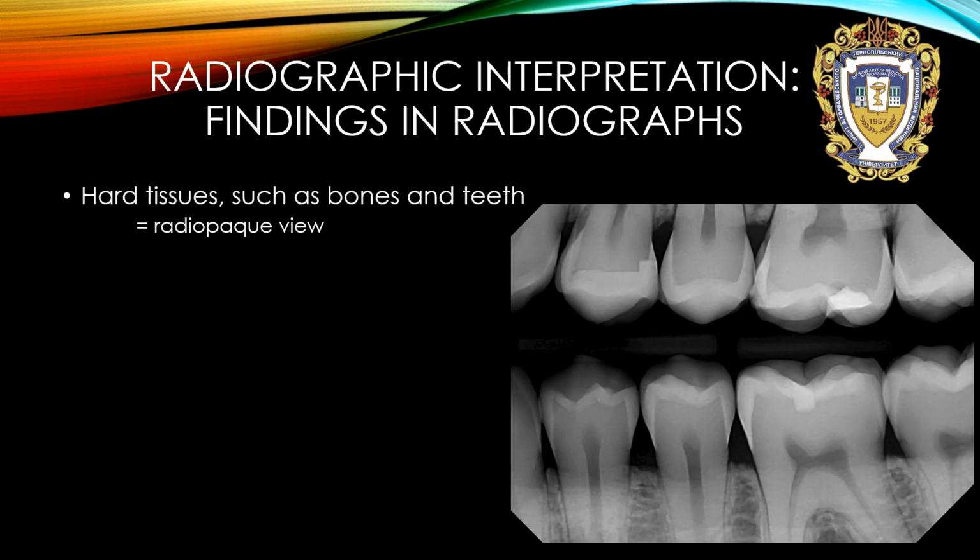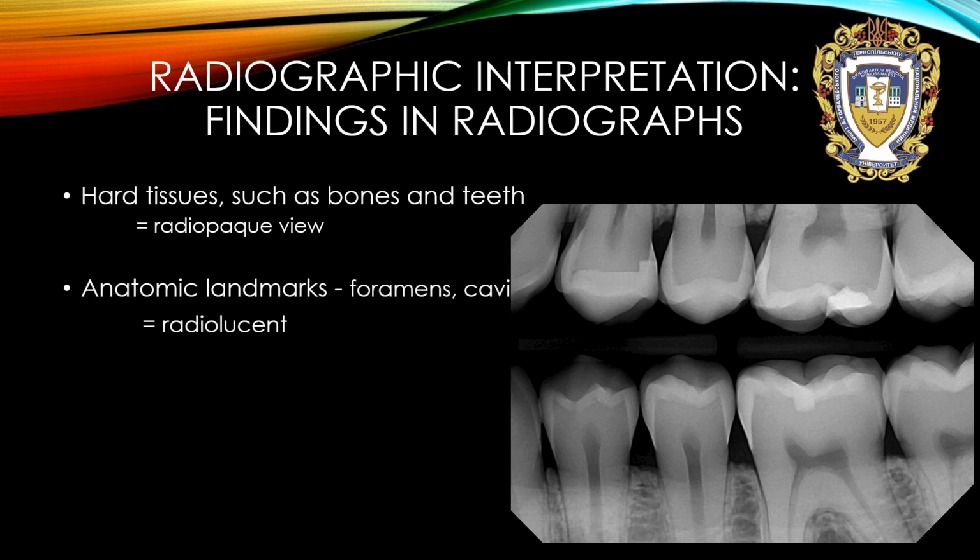What findings in radiographs do we need to evaluate? Hard tissues such as bones and teeth have a radio-opaque view. Anatomic landmarks, foramens, cavities are radiolucent.